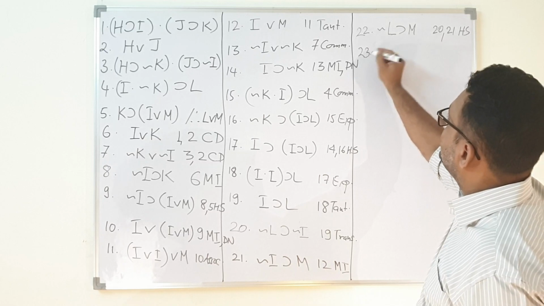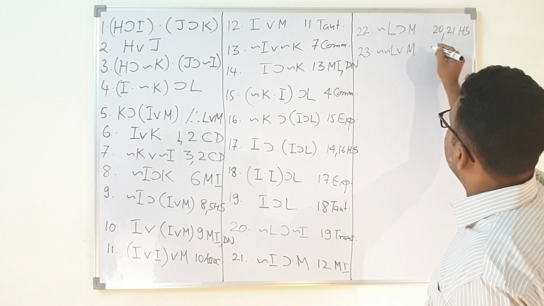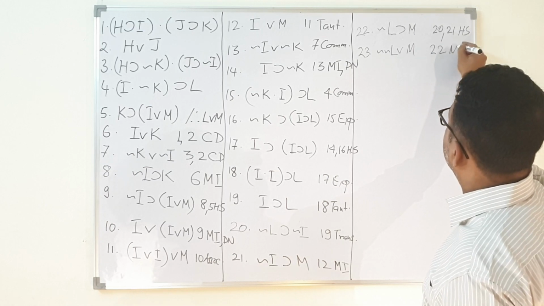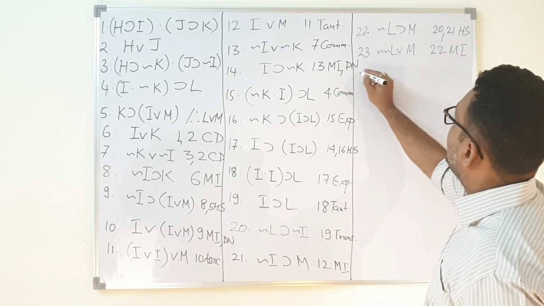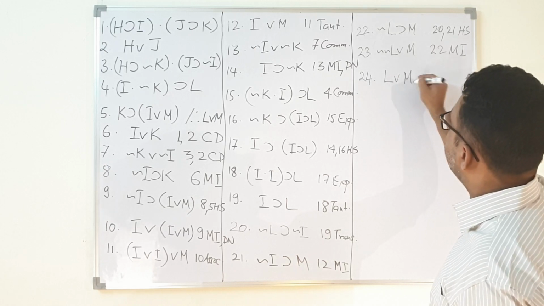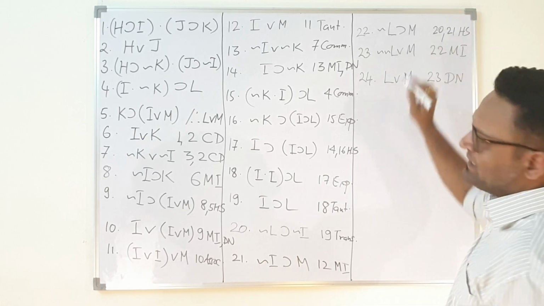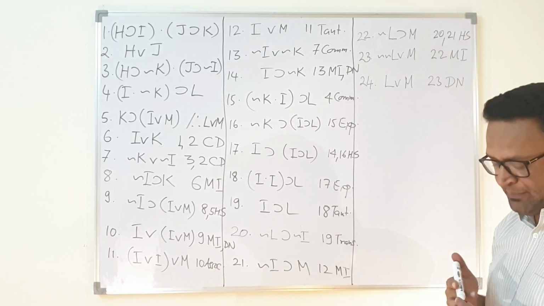So on 23, I will get double negation L wedge M. This will be 22nd material implication, and 24 I will get L wedge M. So this will be 23 double negation. I could have done this in a single step as well.